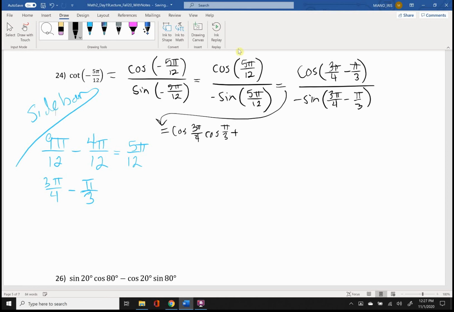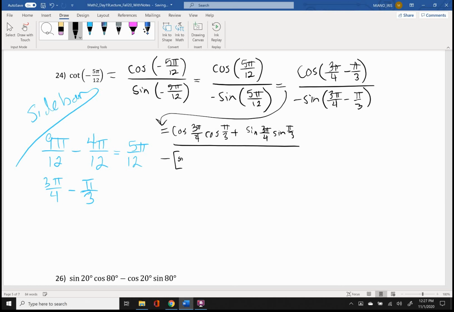plus the sine of 3 pi over 4, sine pi over 3, over negative. We've got to make sure that negative sign stays outside of the whole situation there. And then the sine is going to be sine, cosine, cosine, sine, and we keep the sign, S-I-G-N, inside.